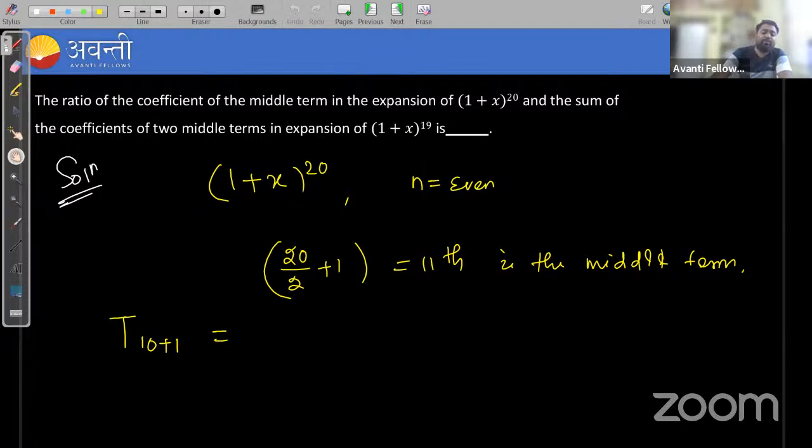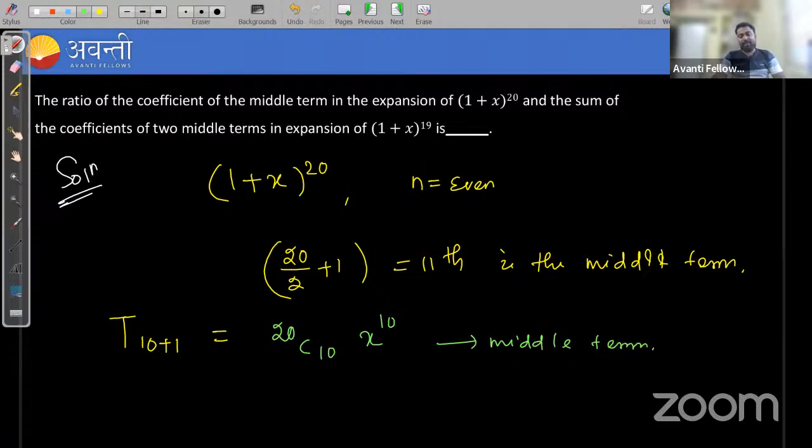So with r = 10, the term will be 20C10 times 1 to the power 20 minus 10 times x to the power r, that is 10. So this is my middle term.